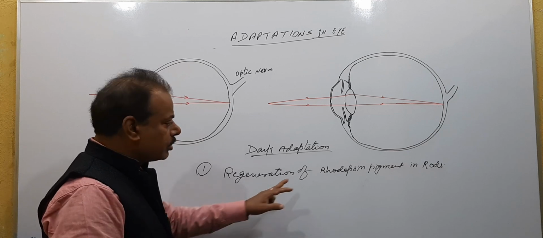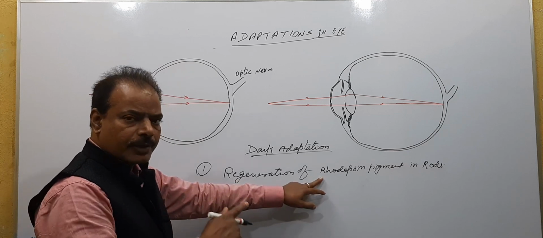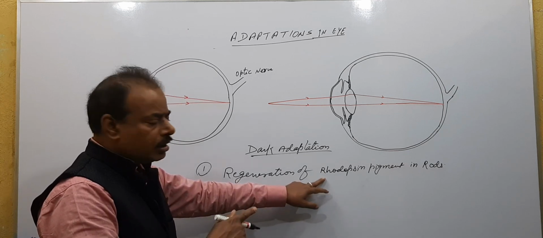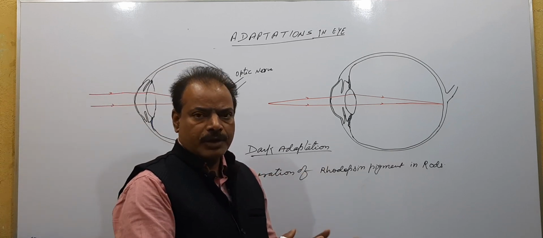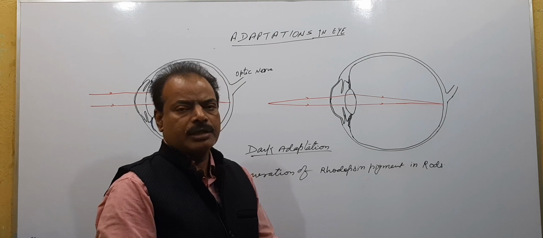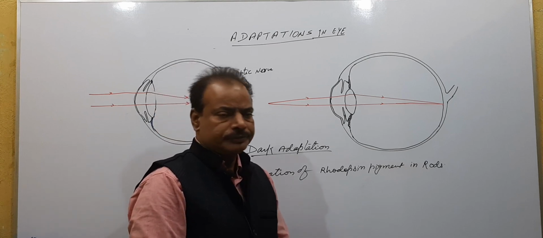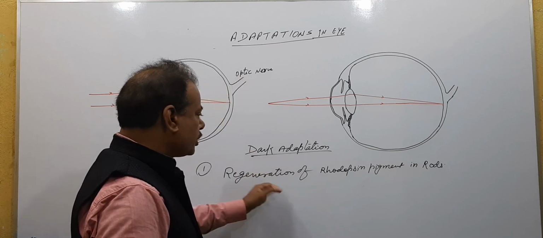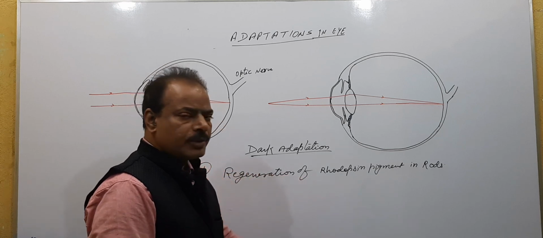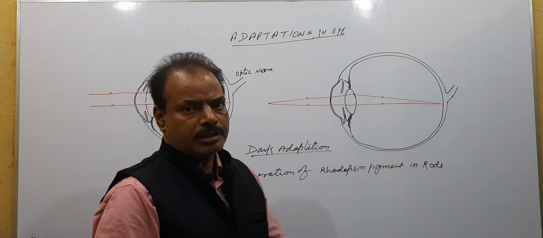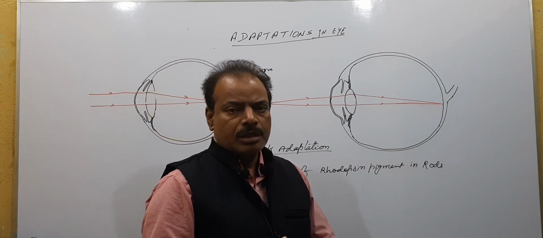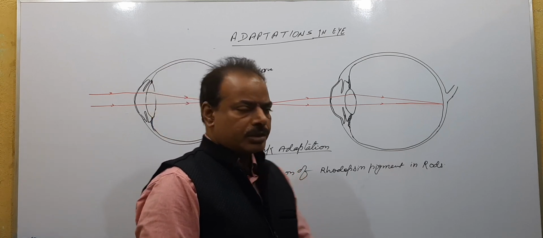So after degeneration of rhodopsin in the brightly lighted area, the rods become inactive. But when we come from a brightly lighted area to the dark area, then at first regeneration of rhodopsin pigment takes place, because rods and rhodopsin are sensitive to dim light to see in the dark place.